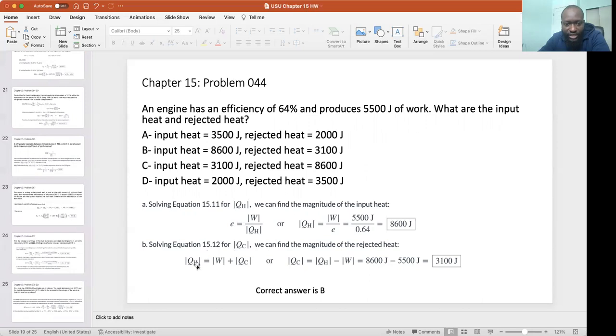And then we know that Q hot is work done plus Q cold. So Q cold, the heat in the cold reservoir, is Q hot minus work done. So it's going to be 8,600 joules minus the work done that's given right here. So we have the heat rejected as the one going to Q cold. So heat input is 8,600, heat rejected is 3,100, using these two equations separately, and the correct answer becomes B.